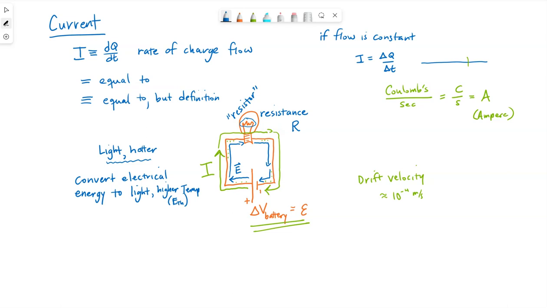Okay, so the current that I drew on this left side is still the same amount of current on the right side. This is related to conservation of charge. We talked a little bit about that with our capacitors.